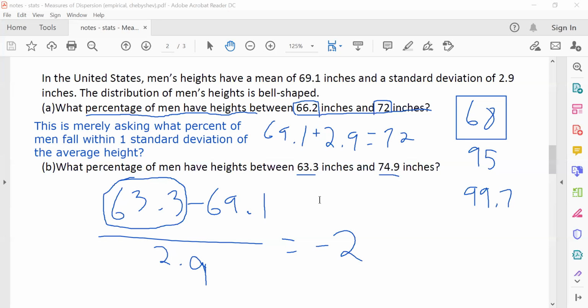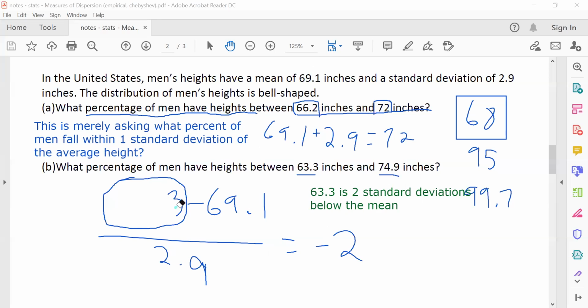I'll write that here. Because when we did this computation, we just said how far is it from the mean and divide by the standard deviation, and that's how many standard deviations it is from the mean.